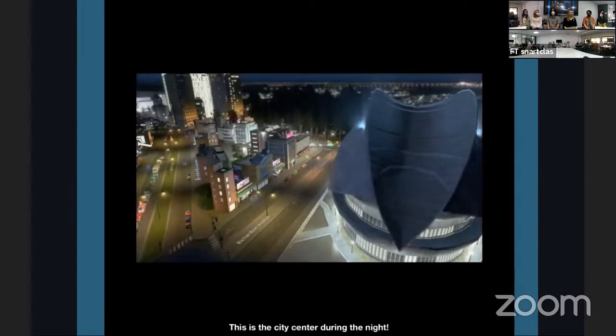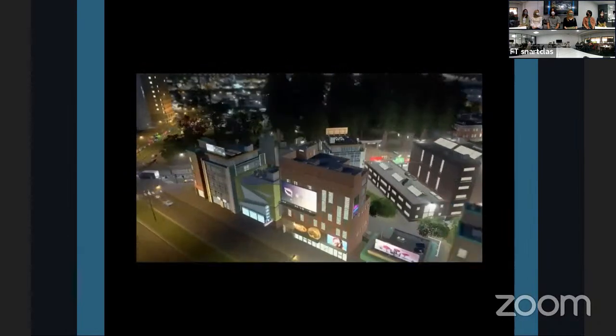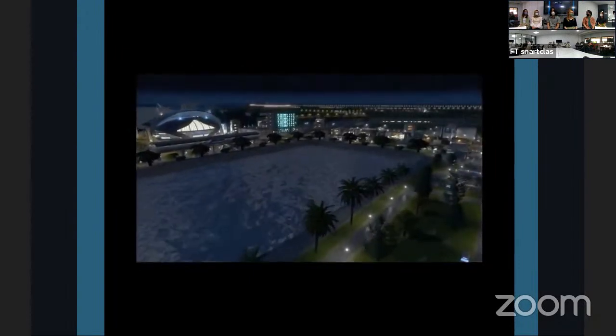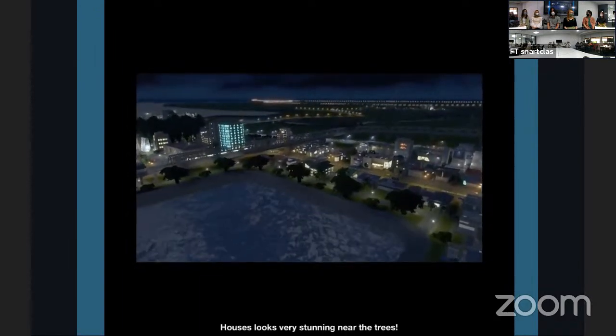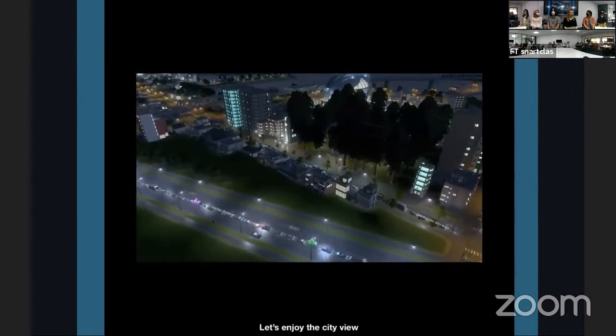This is the city center during the night. And the houses look very stunning near the trees. Let's enjoy the city view.